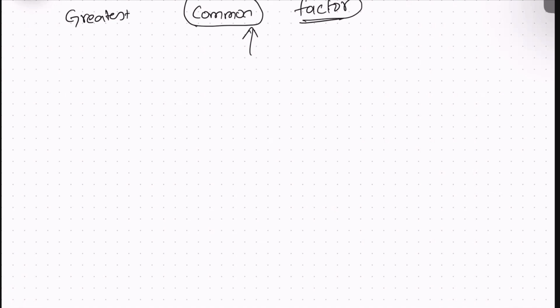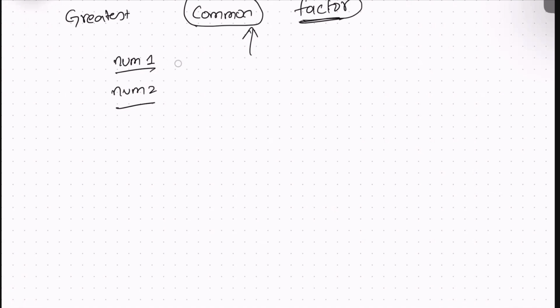Now if you see, say we are given two numbers, number one and number two, and it is being asked to find the common factor which is greatest.